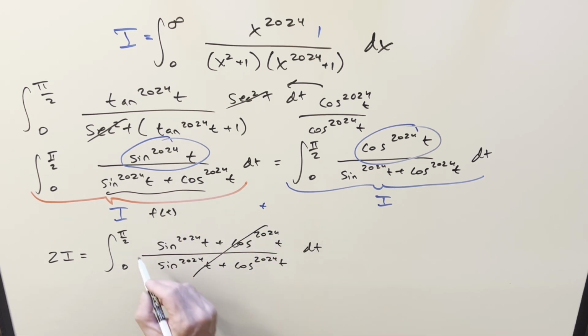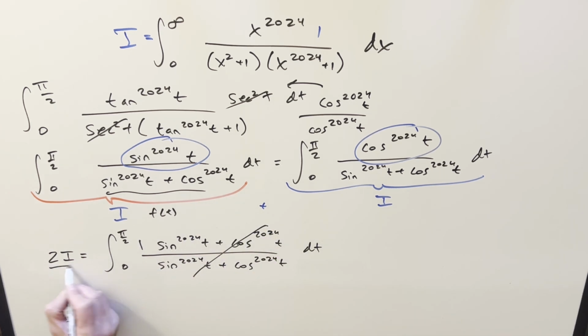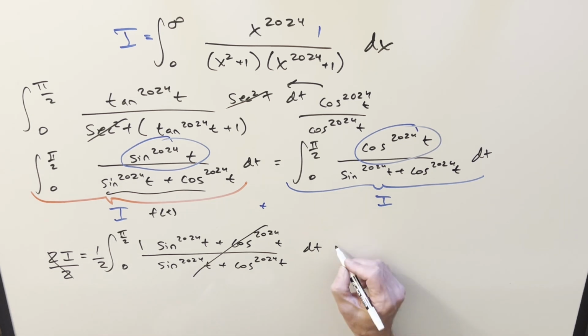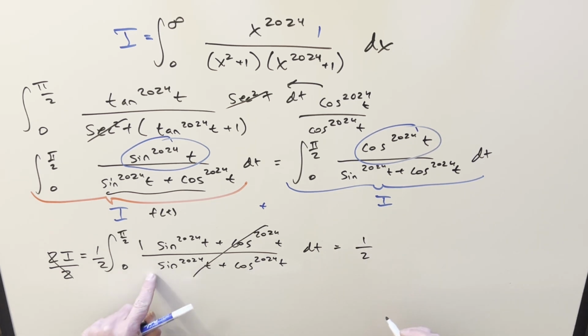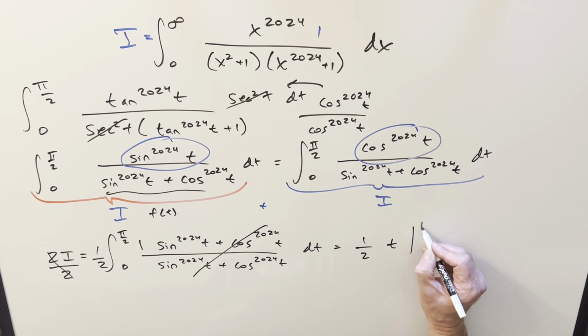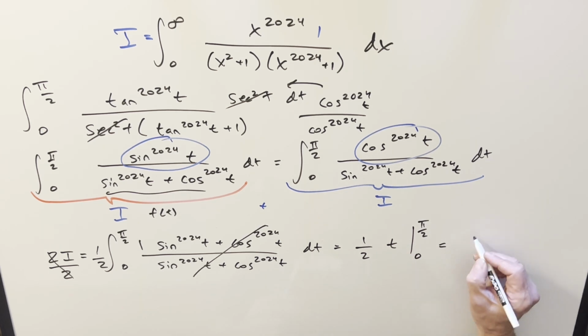Cancel everything off, and we're just integrating 1. Our goal is I, so if we multiply by a half, we've isolated our solution. The integral of 1 is just t evaluated from 0 to pi over 2, and plugging in pi over 2, we just get pi over 4.